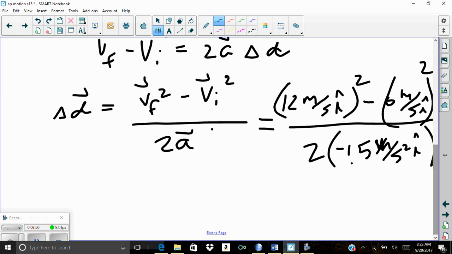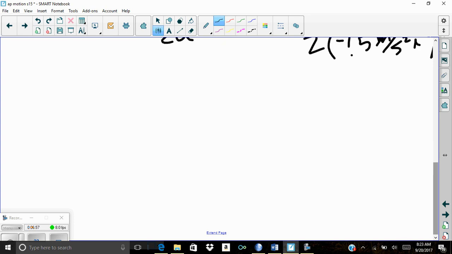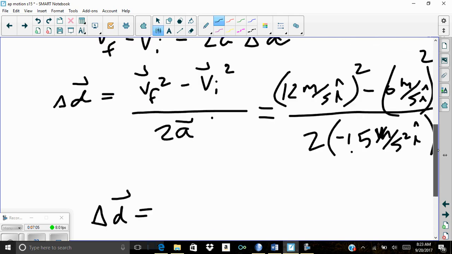We see here that we have meters squared per second squared. I'm just going to write everything out. We end up with delta D, or delta S or delta X, whatever you want to use is fine.